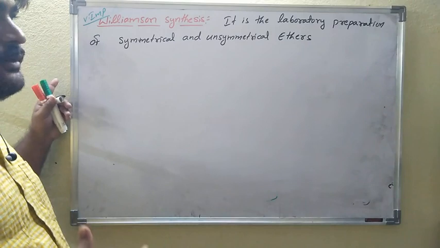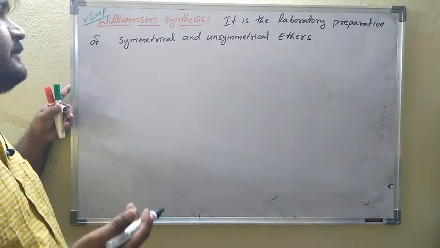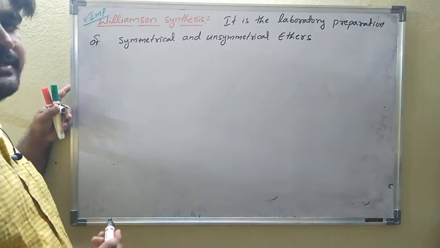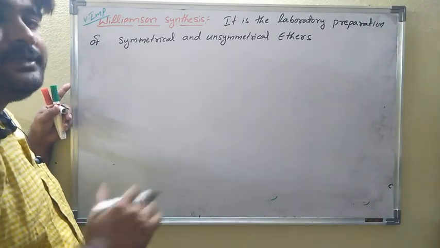It is the best method. Symmetrical means what? Both alkyl groups are the same. Unsymmetrical means what? They are different.